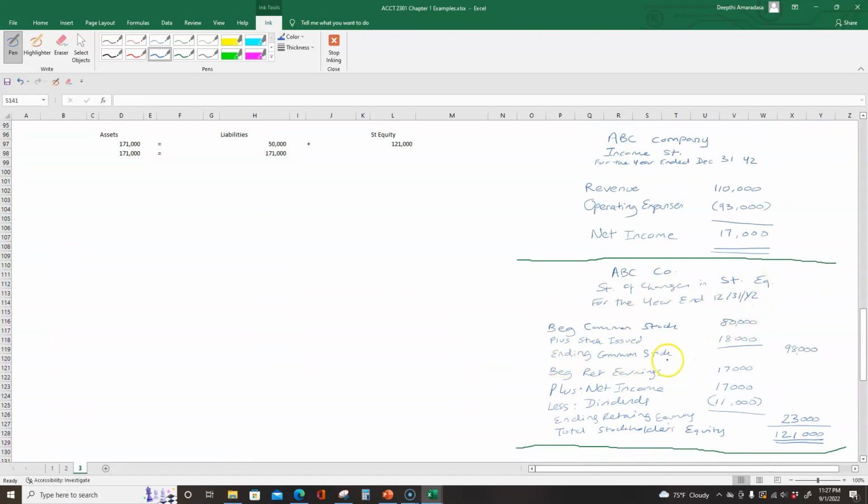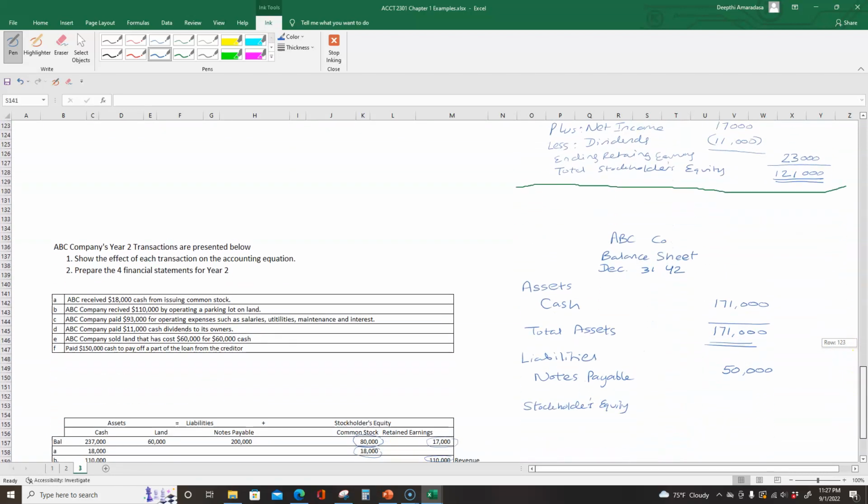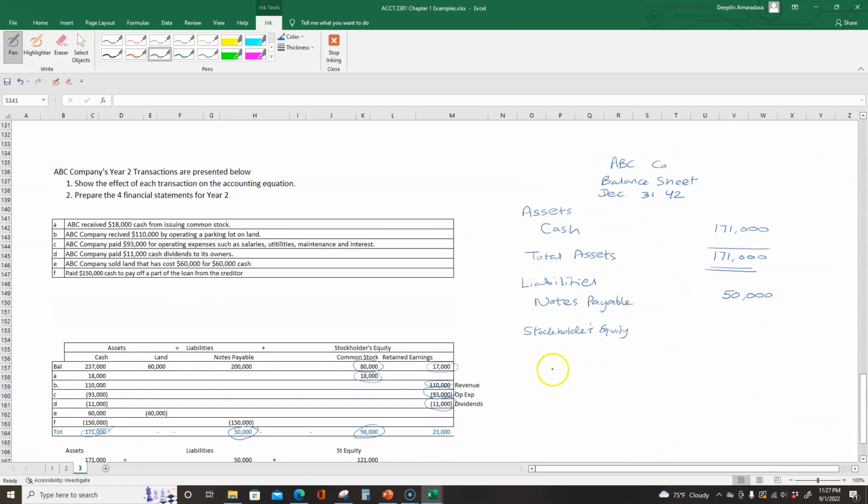Our ending common stock on December 31st is $98,000, and this number is really where we get your common stock to prepare your balance sheet. Later on, when we look at ending retained earnings, again, retained earnings of $23,000 will be what we're going to use, and that number comes from the statement of changes in stockholders' equity. So let's go ahead and put $98,000 down for common stock.